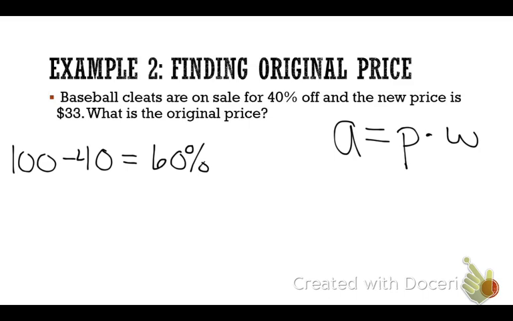But now here's the difference. Remember, W stands for the original price, or the original amount. A is basically your new amount. Now you know what you're walking out the door paying.